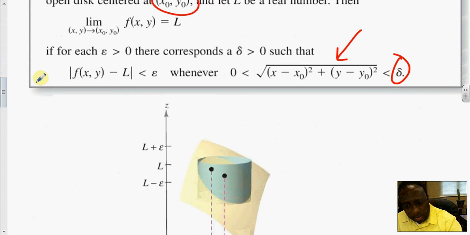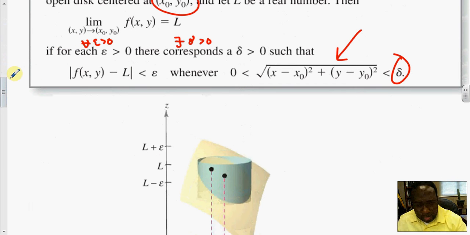And is it possible that when you force delta to be so small, that implies that epsilon gets infinitesimally small, such that the distance between the function values and this L, this sought after limit, gets closer and closer and almost meaningless by restricting delta? So here we say there exists a delta positive, for each epsilon, or for all epsilon positive.